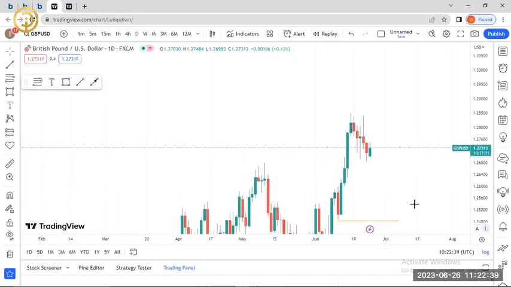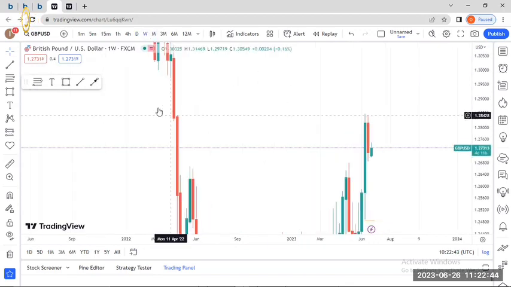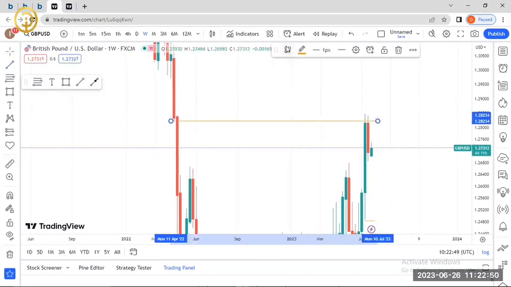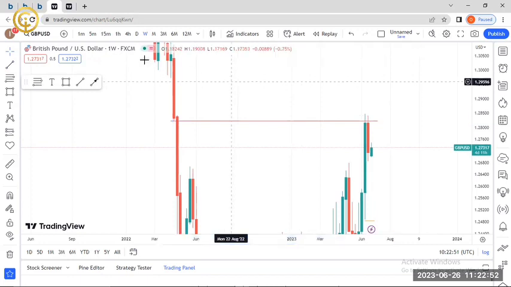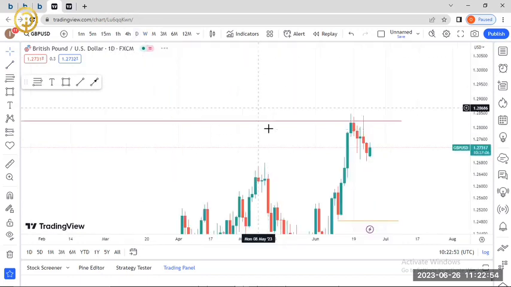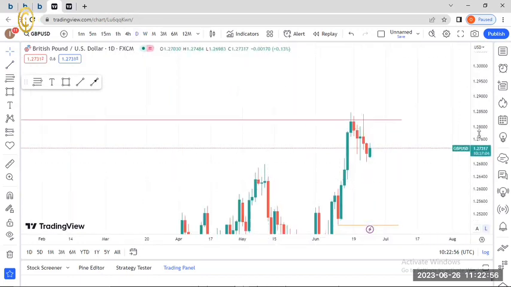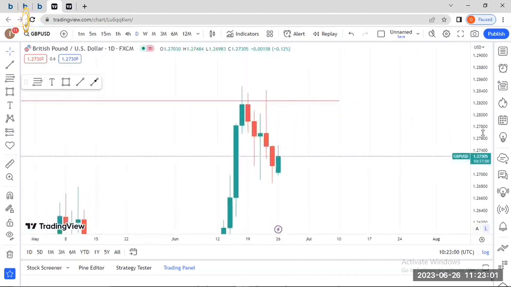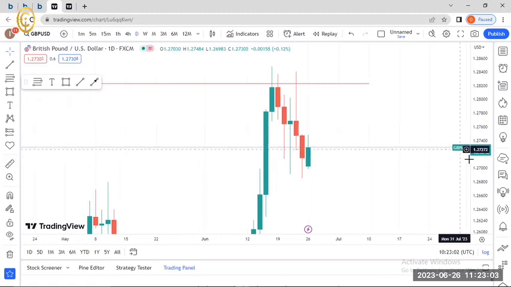So how could we have come in last week to trade? You know that this was a fair value gap, like I said. Before the start of the week, you must have marked out your previous weekly expected origin and your terminus.